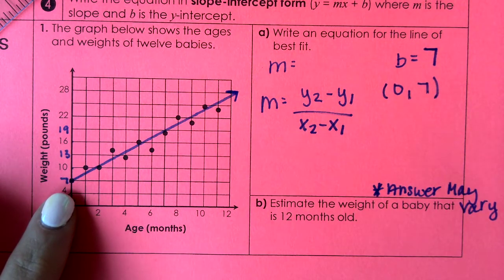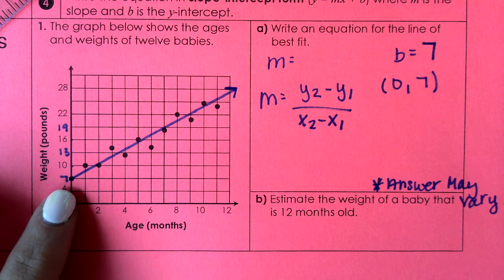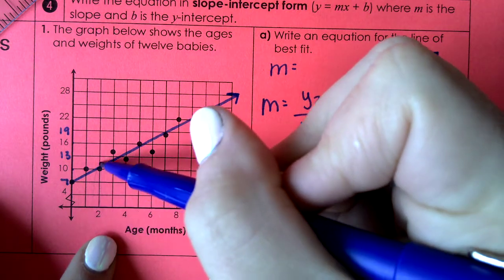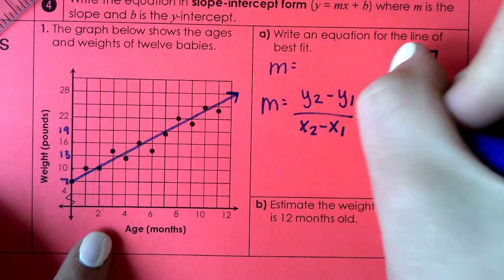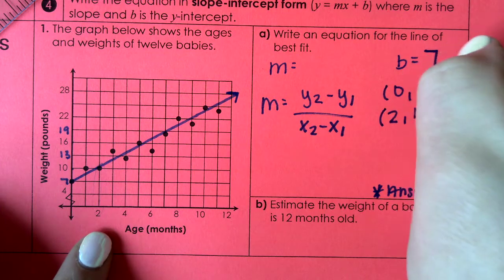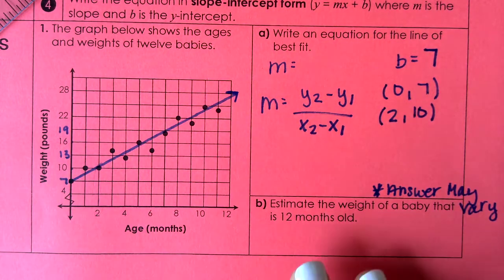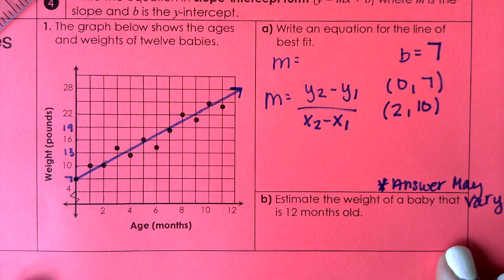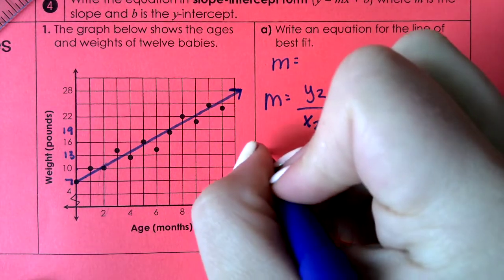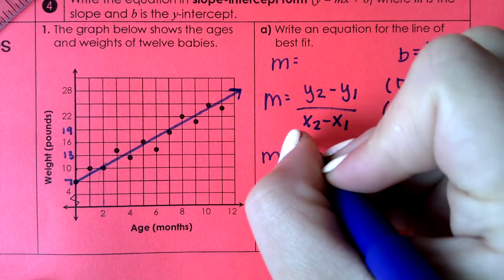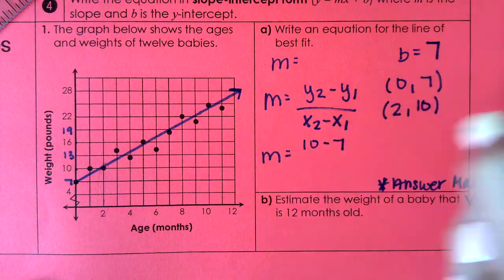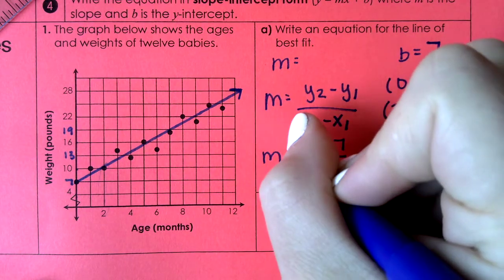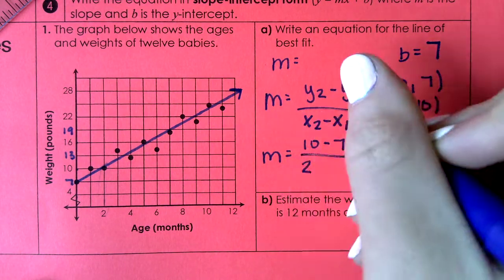But if I look at the line I drew, my next point that would hit nicely would be (2, 10). Now that might not be the same for everybody depending on what you angled your line at. So now y2 is 10, 10 minus 7 because that's y1, x2 is 2, and x1 is 0.